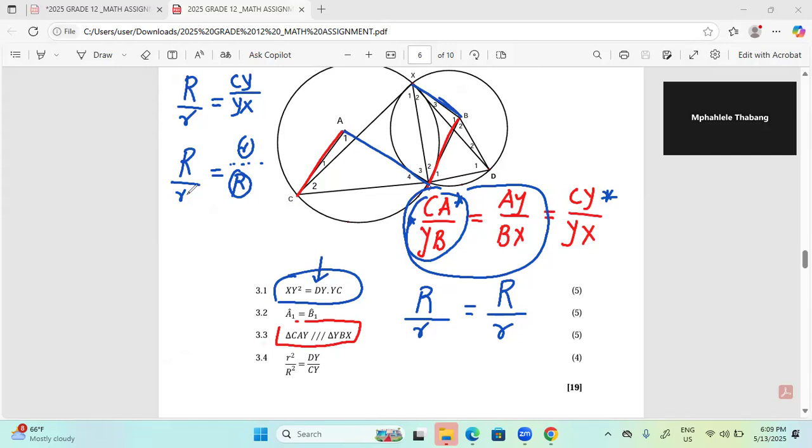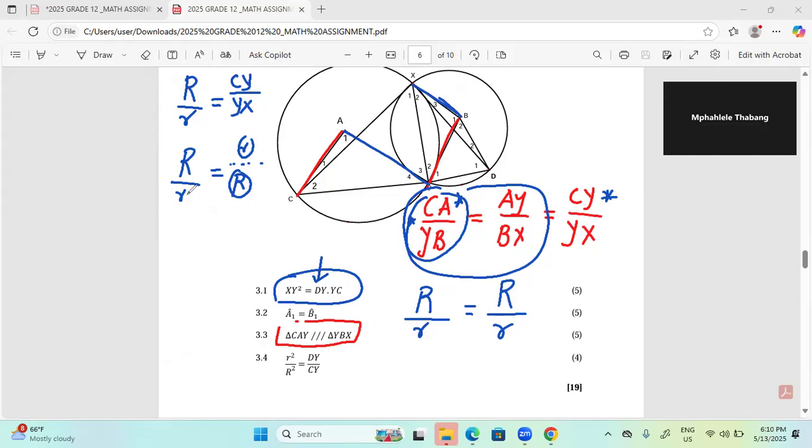CA over YB equals to AY over BX equals to CY over YX. I don't have parallel lines. And I've proven too many triangles that are similar. There are some triangles which I proved on 3.3, and I started with another triangle.